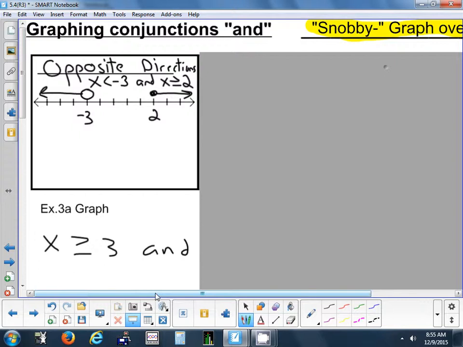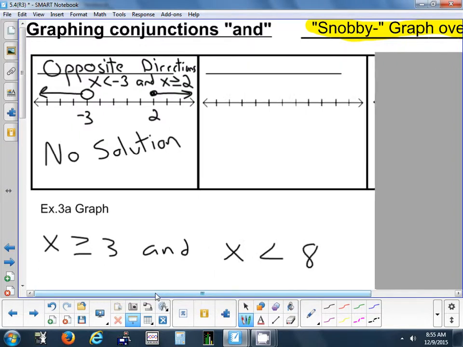Caitlin: They don't overlap at all, because it has to be true for both. So if it's an AND problem and the lines point in opposite directions, no solution, because there's no possible way that both sentences could be true. Doesn't work.